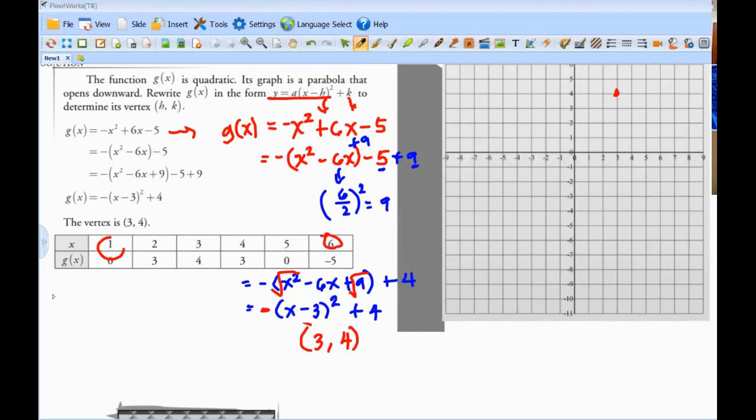For example, g of 0 is equal to negative 0 minus 3 squared plus 4.